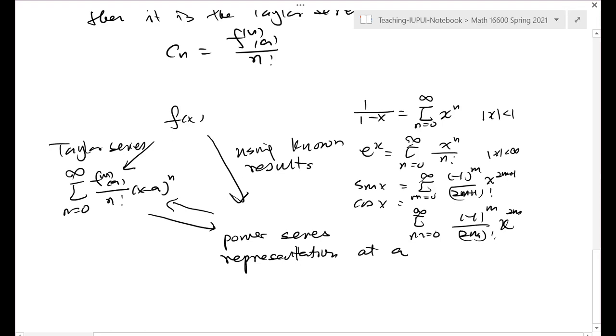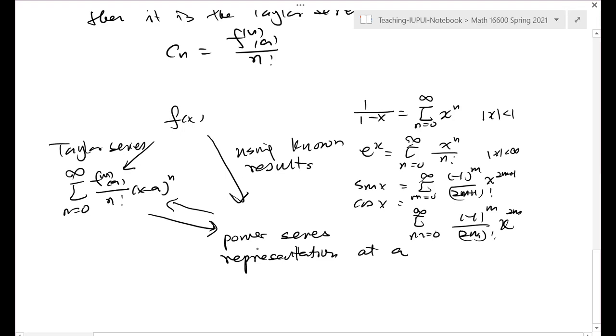You can use those to find a Taylor series, so you have two ways to go. To find the power series, you also have two ways to go. You can go through the Taylor series. If you want to find the power series representation for the function and you don't have any known results to use, then you have to go through the Taylor series first. Then you check the convergence. Then, using the Taylor remainder estimate, you prove it converges to the function.